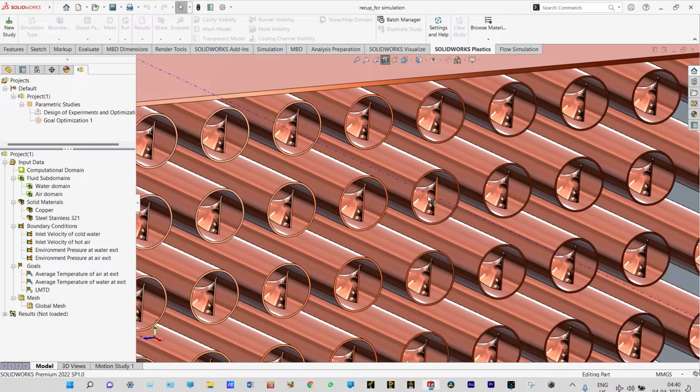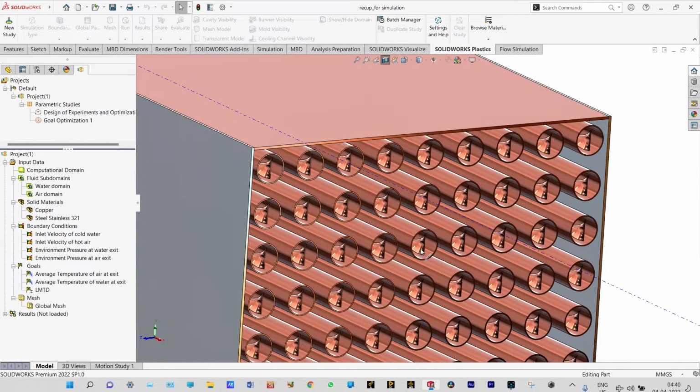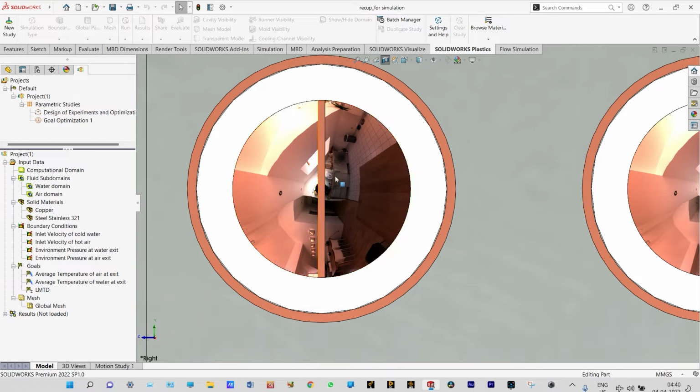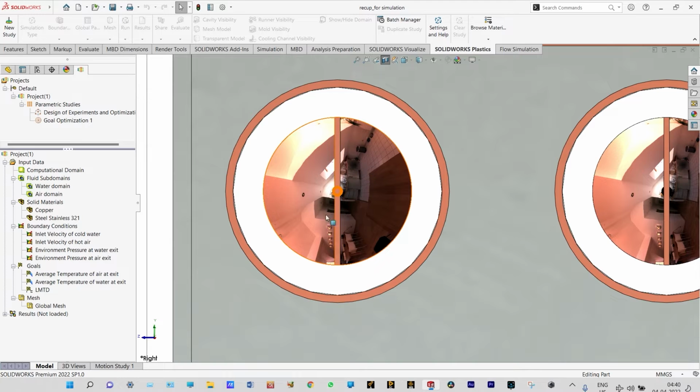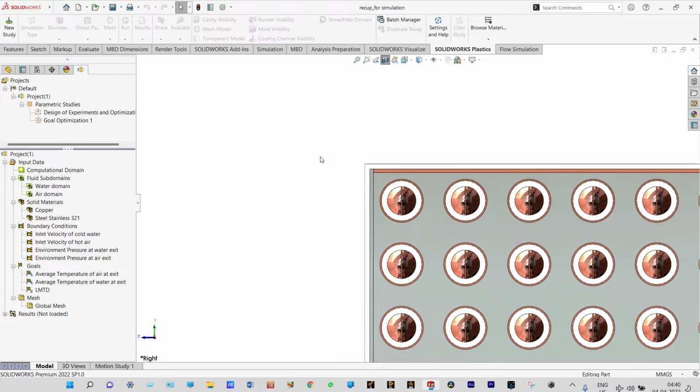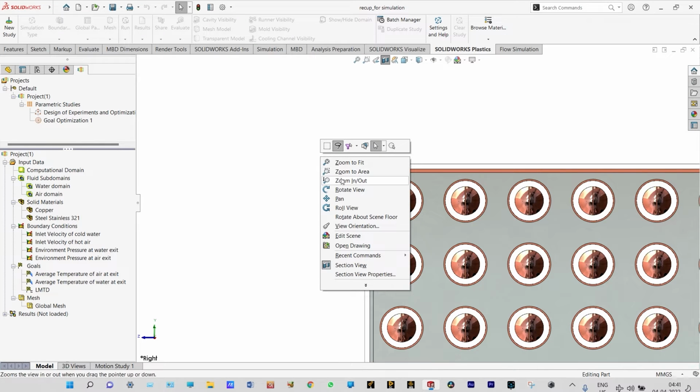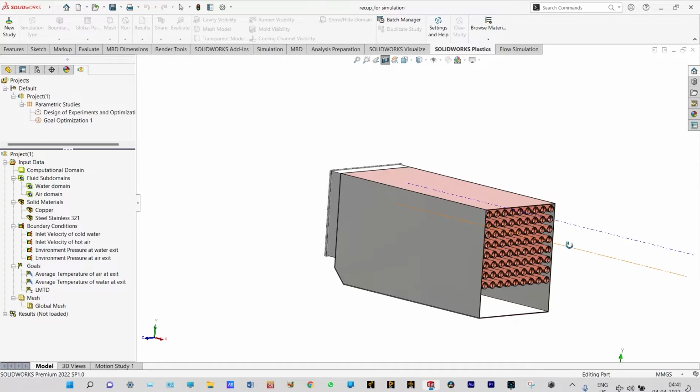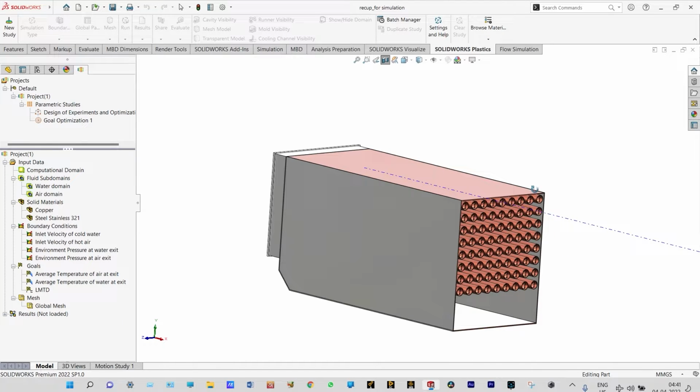You can see it here. See, these are not actually hollow tubes. Inside these tubes we have provided extra elements to provide more surface area, and the elements are provided in the form of spiral. This model is actually used in a specific industry, right? So geometry is clearly understood.